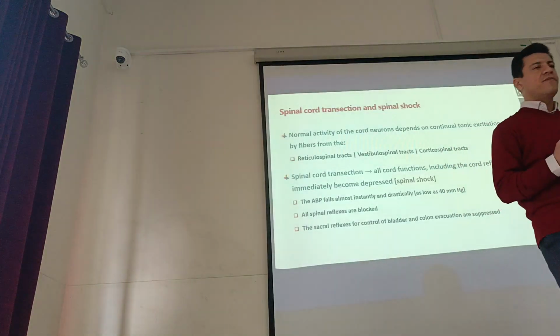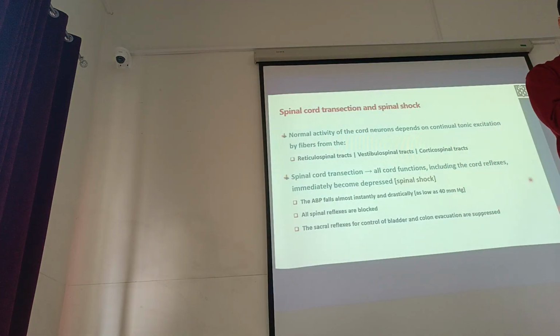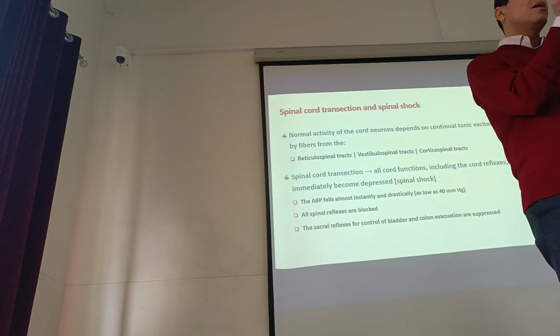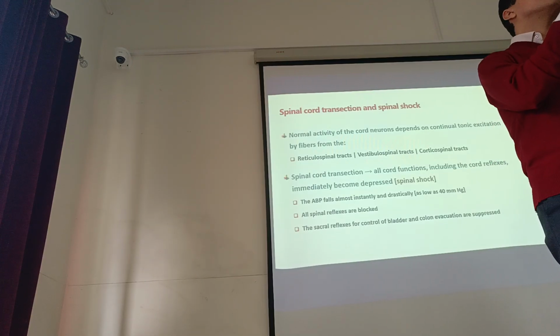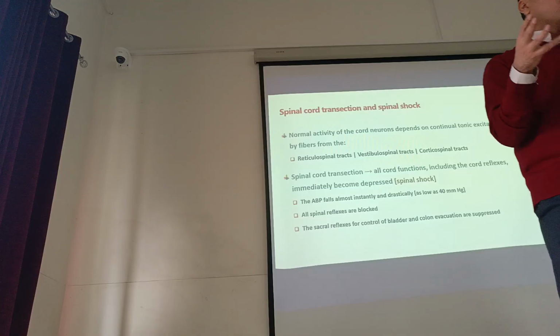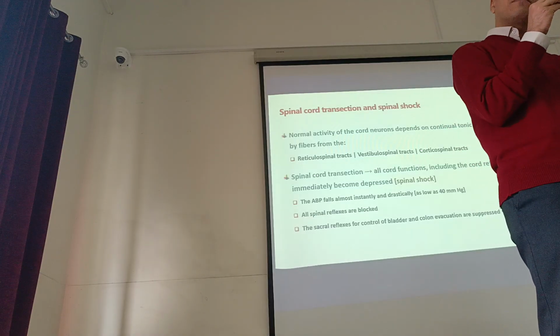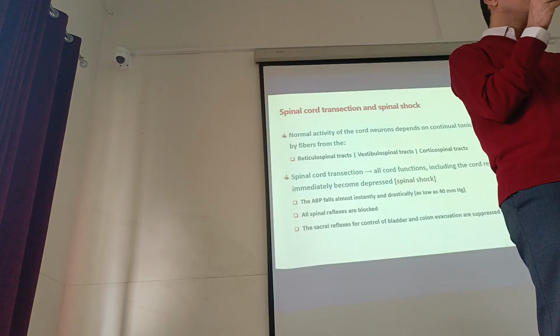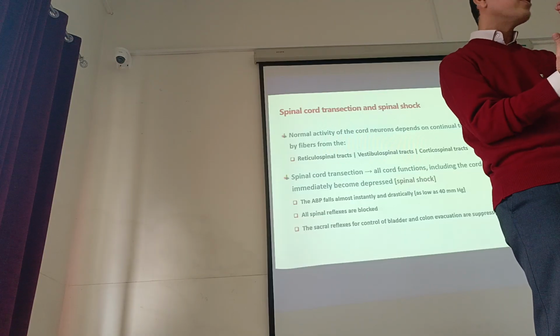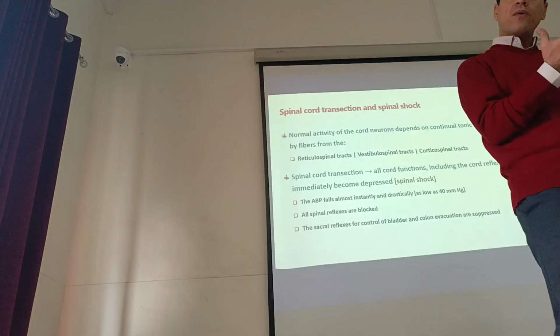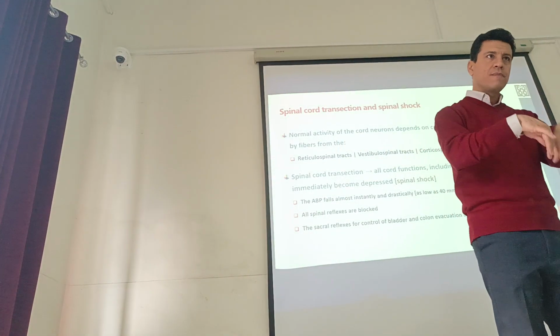I told you before that when a synapse is experiencing underactivity, hypoactivity, it increases its sensitivity. We call this upregulation. The number of receptors increases, so the synapse becomes more sensitive. Or when we have hyperactivity of a synapse, we'll have downregulation of receptors, and because of this the activity of the synapse decreases.